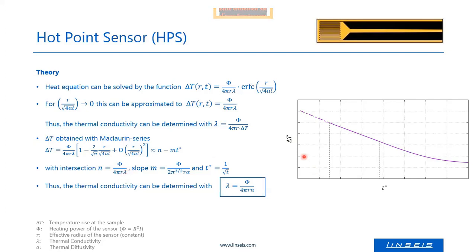So if you have that, and if you know the heating energy, then you can calculate lambda from this intercept. The slope of that curve depends on the thermal diffusivity, alpha. So if you calculate the slope, you can calculate also alpha, the thermal diffusivity.